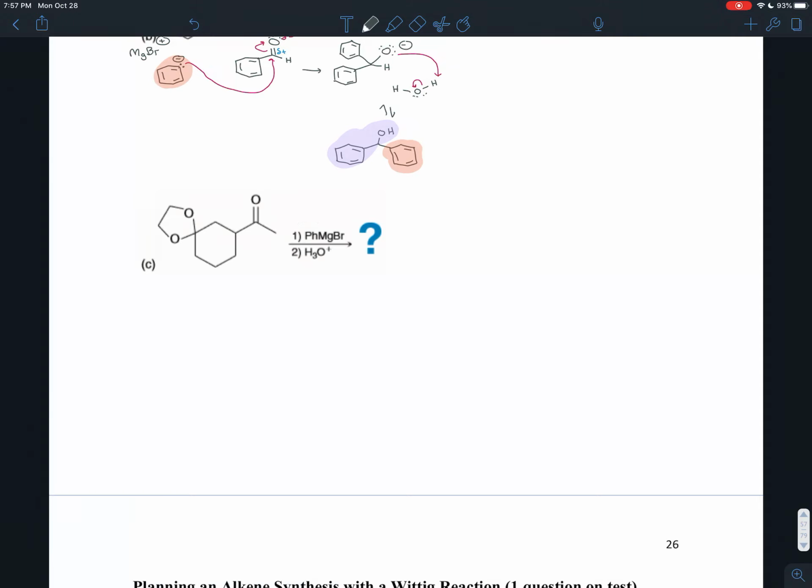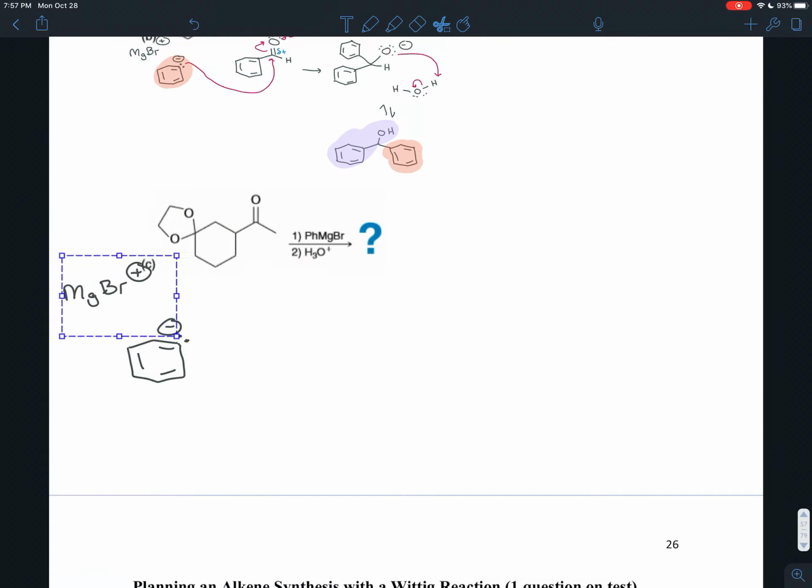We have phenyl magnesium bromide, so that's the same nucleophile as before. The Ph is standing for a benzene ring, acting as a sort of branch, and that's going to be bonded to the magnesium bromide. But the magnesium has a really low electronegativity, so it's basically an ionic bond, not quite, but basically, where the magnesium bromide has a positive charge altogether, and the carbon has a negative charge.